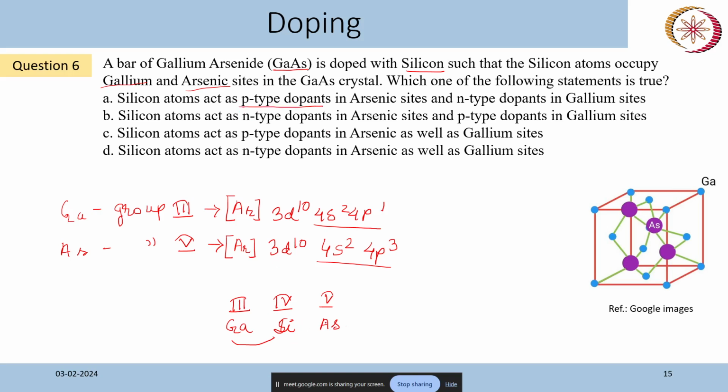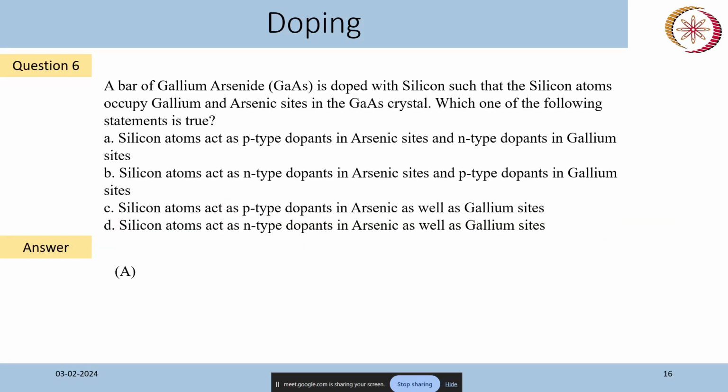And when silicon replaces gallium, so silicon and arsenic, it will be like doping with one extra electron, so that will act like n-type doping in gallium sites. I hope it is clear. So the correct answer is A.